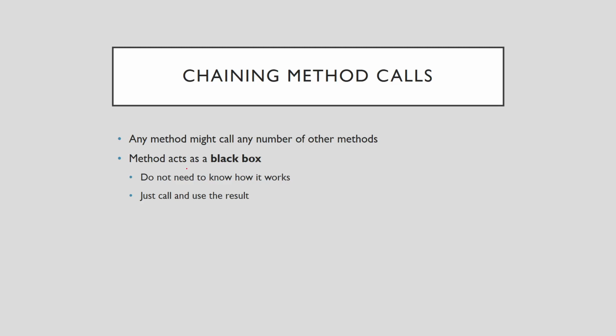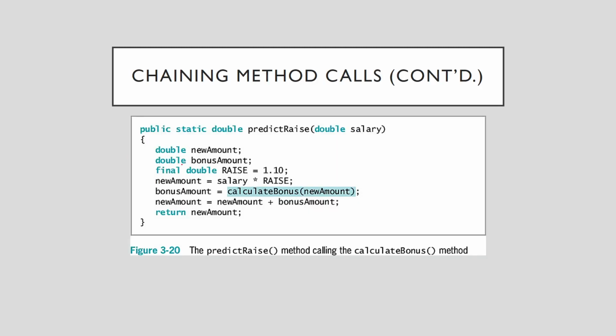This is any method that might call any number of other methods, and this acts as a black box, which you do not need to know how it works. Just cover it with a black box and use the result.